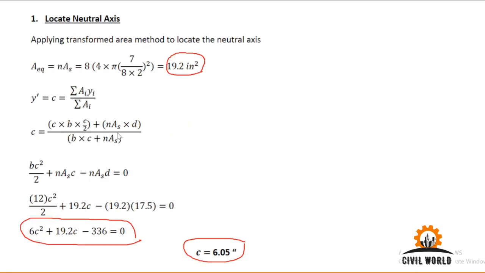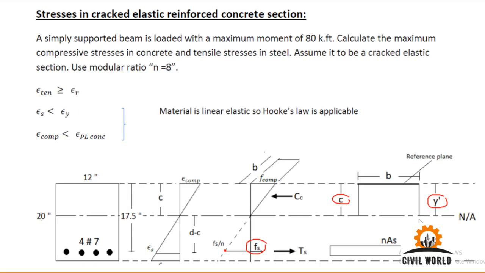So you have section 1, or sorry, area 1, which is b into c, and then the moment of inertia for this section is bc cubed divided by 12, because moment of inertia is given by bh cubed divided by 12. So in this case, you have b, and h is c, so bc cubed divided by 12, and then its distance from the distance of its centroid from the centroid of the whole section.